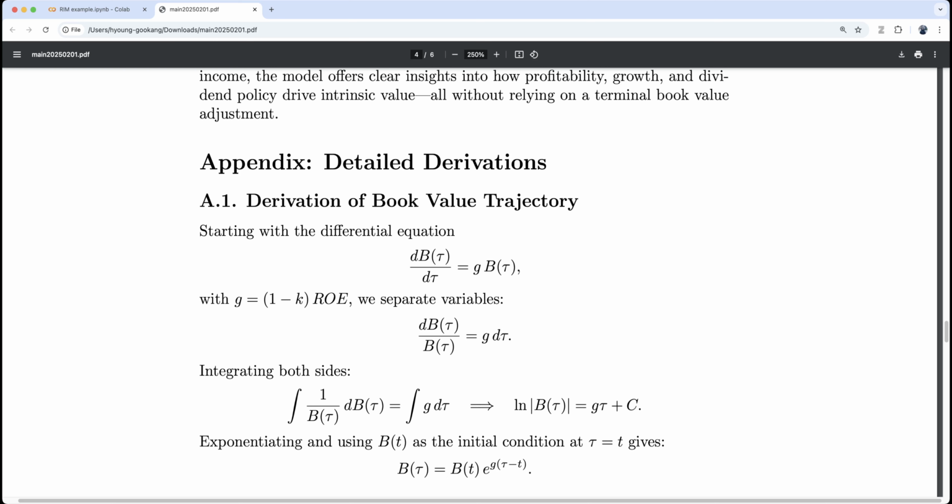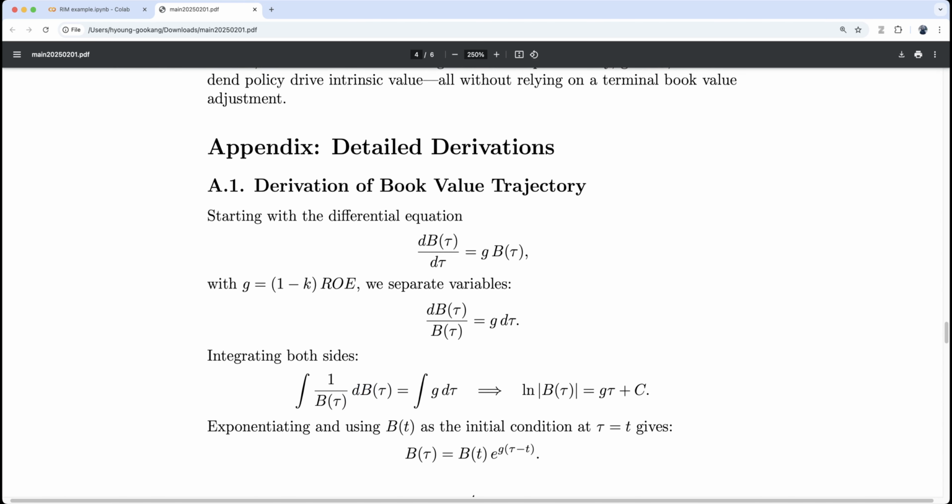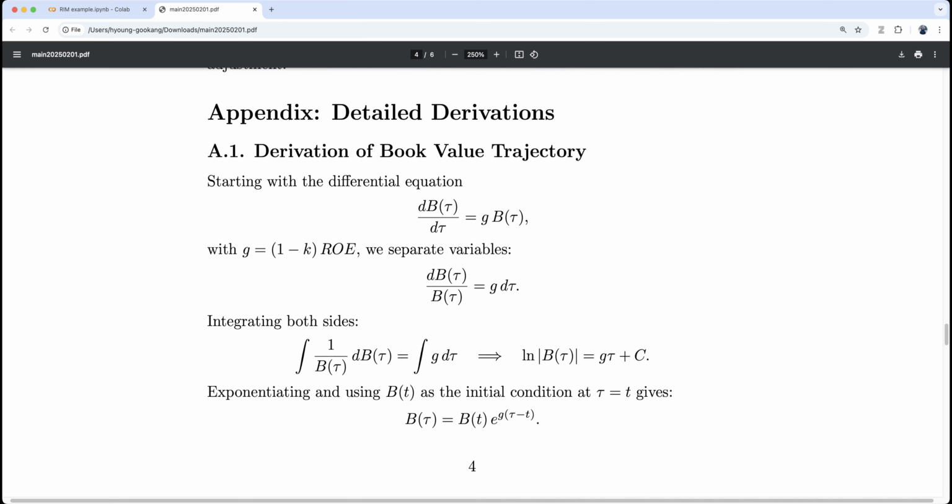If you take the derivative of the log, it becomes the fraction, right? So this part becomes log of B_t, and then g tau plus c, something like this. Exponentiating and using B_t as the initial condition at tau equal t: when tau equals t, it should be B_t, so we have this equation.